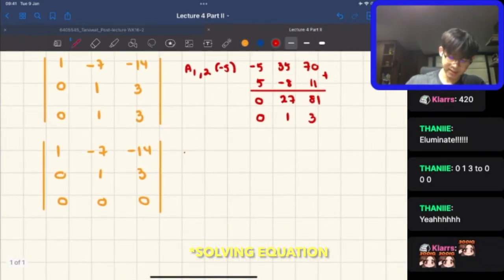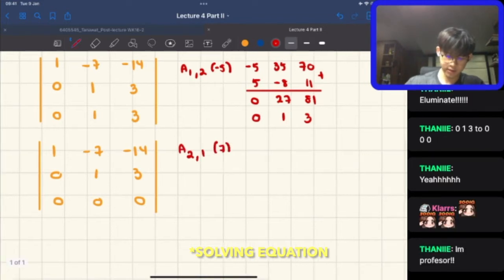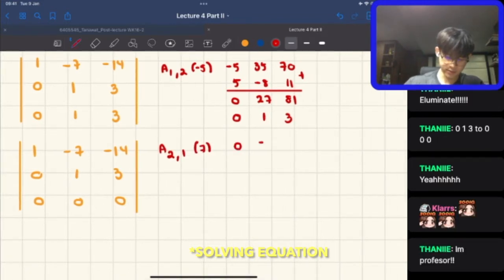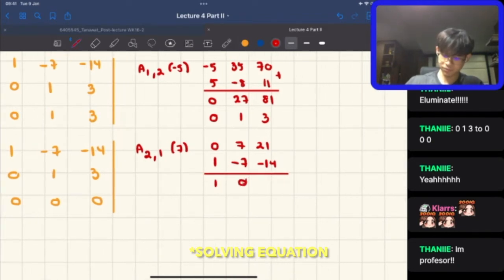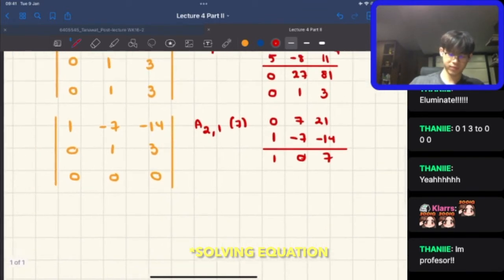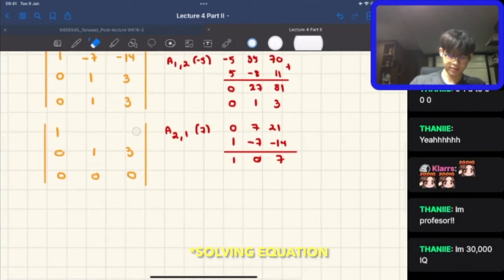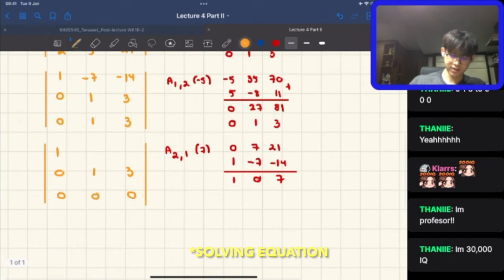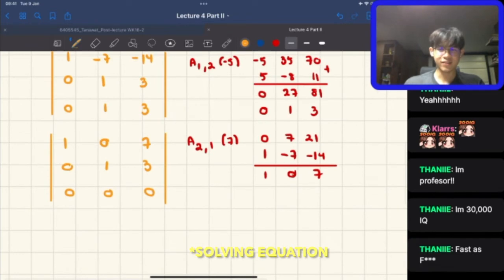So let me add row 2 to row 1 times 7. So now we got 0, 7, 21, and 1, -7, and -14. And now we have 1, 0, and 7. So now everyone can see the answer.